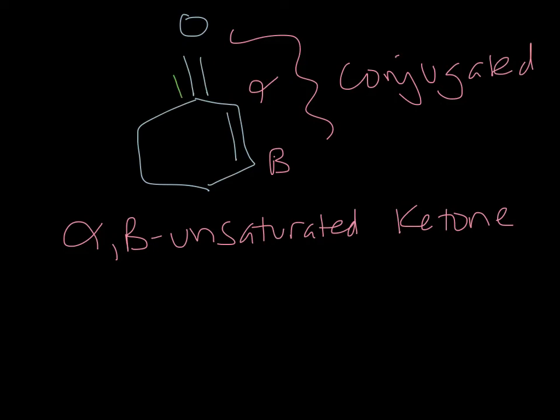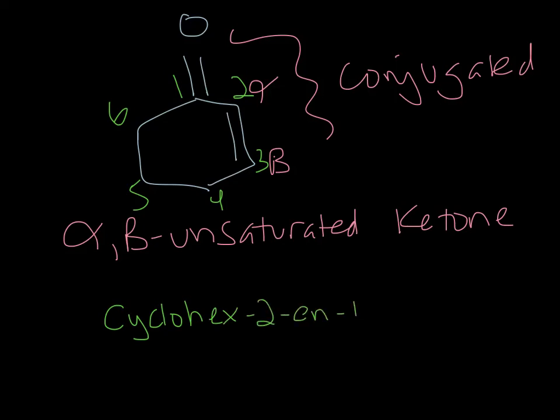In terms of naming this guy systematically, we're going to start with the highest priority group, which is our ketone. So 1, 2, 3, 4, 5, 6. So this is going to be a cyclohex, right? Because we've got 6 carbons here. So this is going to be cyclohex-2-en-1-one.